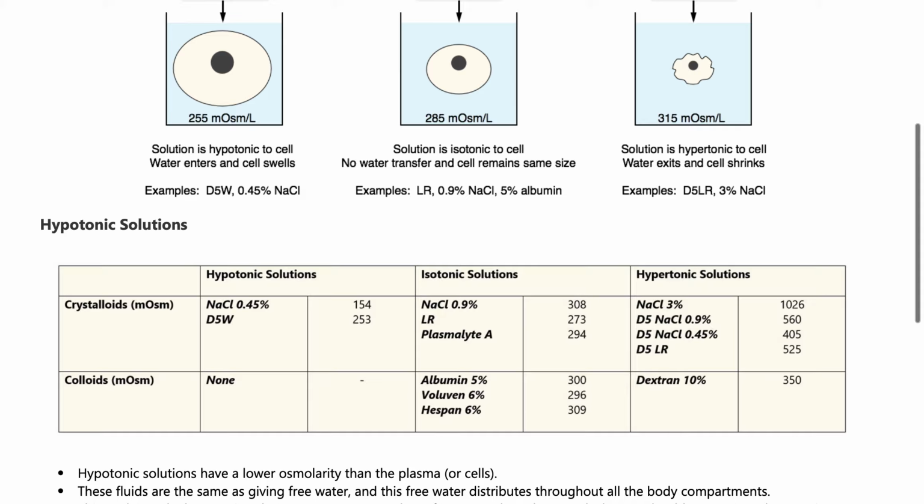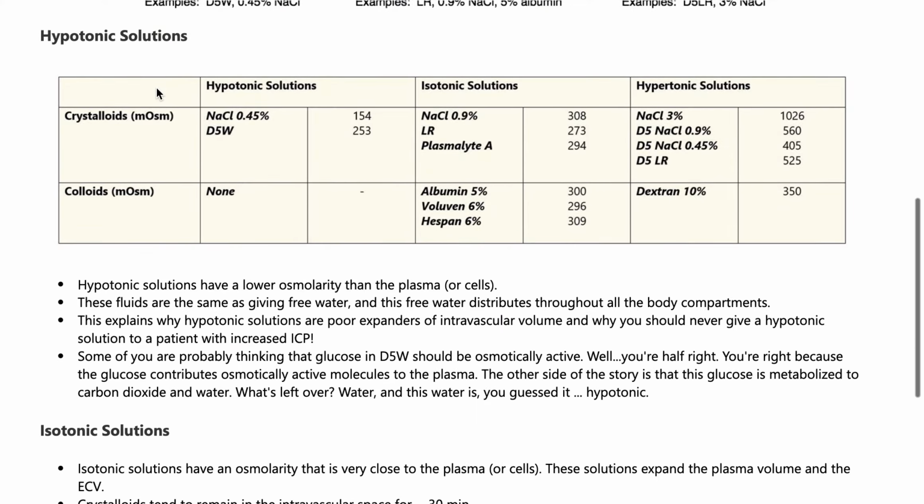There are also colloids, which do not have any hypotonic solutions, so all colloids are either isotonic or hypertonic. Starting with isotonic colloids, this includes albumin 5% with an osmolarity of 300, and hypertonic colloids include dextran 10% with an osmolarity of 350. There are also the isotonic colloids Voluven 6% and Hespan 6%.